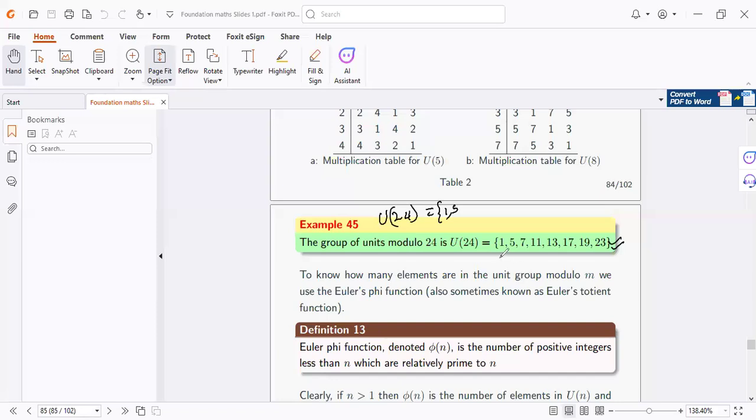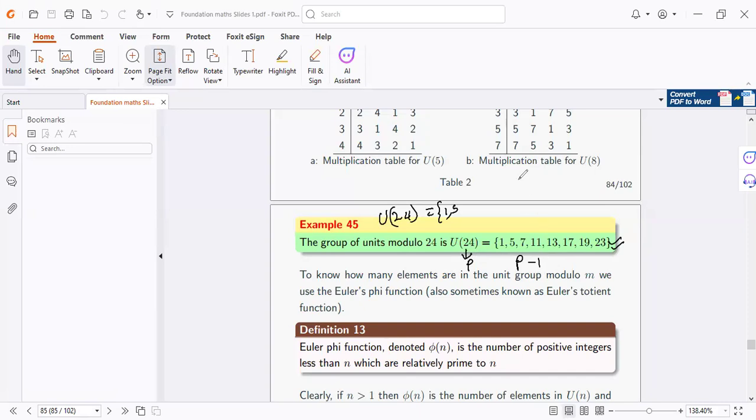Supposing you didn't want to list. I had already answered that question. I had said that if this number here is prime, then we'll just take p minus 1, and we know how many they are.